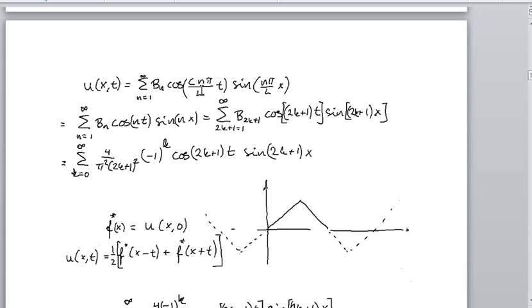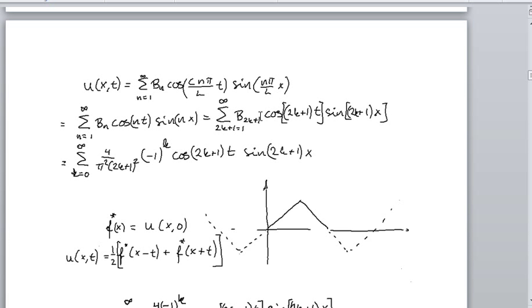We know that L is equal to pi, so we get this expression, and we also know that Bn is 0 when n is an even number.